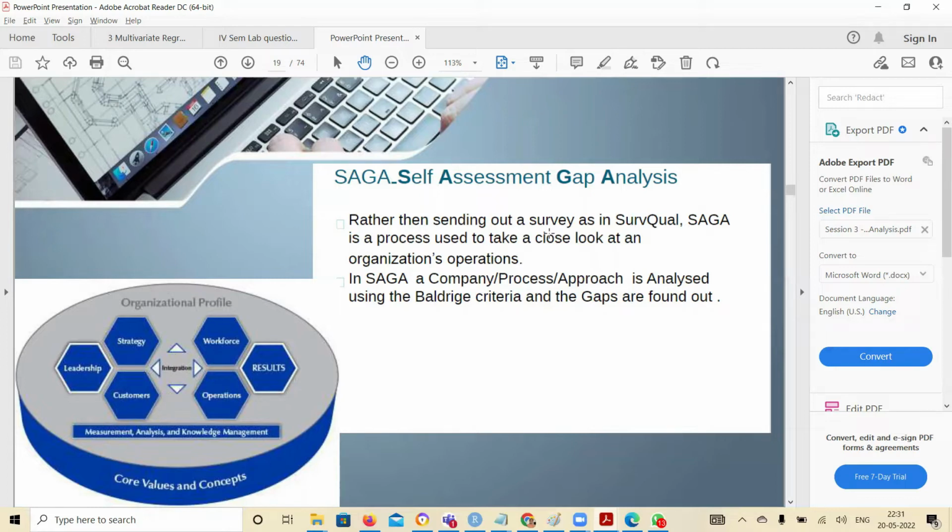And it could happen the other way also: I can give myself high and you give low. So that's the problem we are facing, a mismatch in expectation. So SERVQUAL is about understanding the customer's perspective, and SAGA is about your perspective.